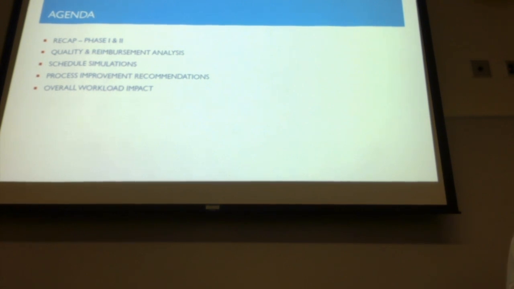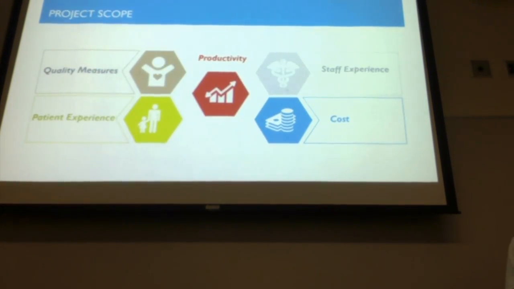To start, a background on what the scope of our project was. At the beginning, we have been focused on productivity, and increasing throughput at Kids Plus has been the overall goal of the project. While doing so, we wanted to keep in mind quality measures.